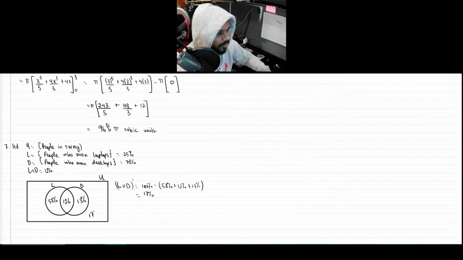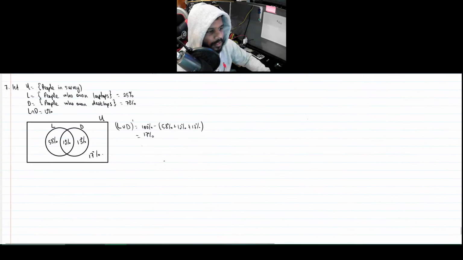So 17% goes on the outside of the two sets. So based on the Venn diagram, the question asks to determine the proportion that owned neither a laptop nor a desktop. Now for proportion, don't give it in terms of a percentage, please. Proportion is in terms of a fraction, or a ratio.